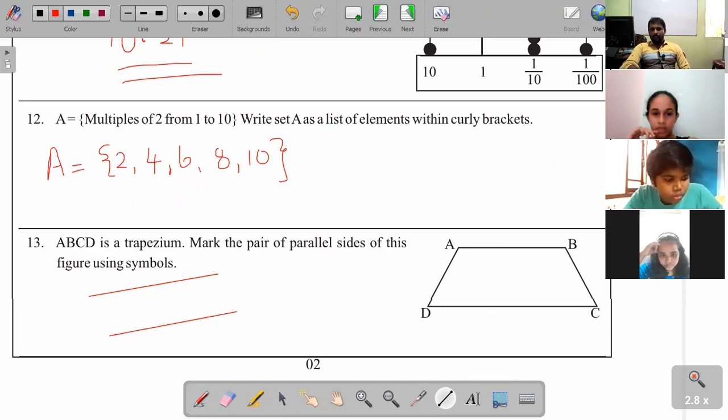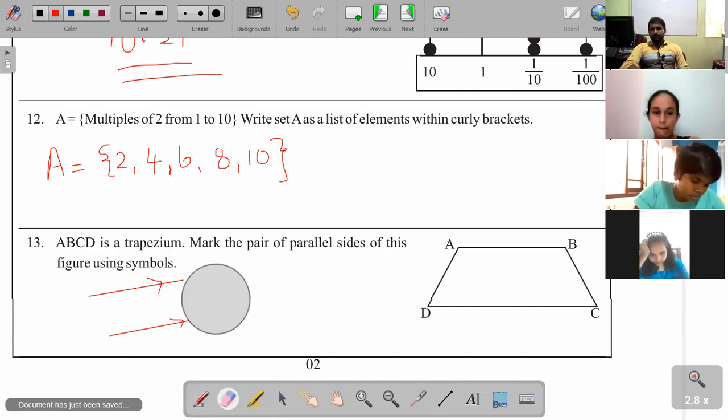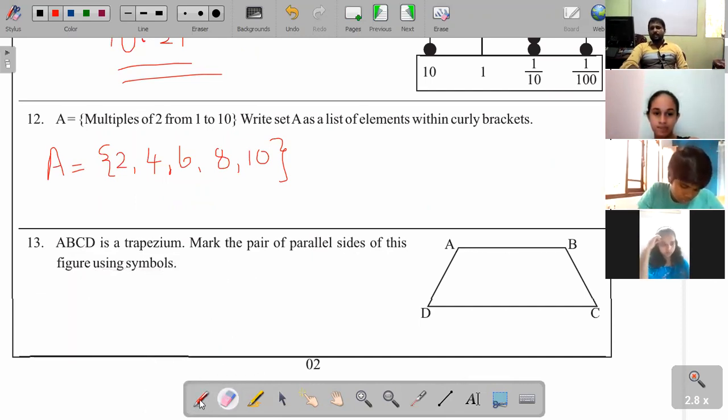If these two lines are parallel, you have to draw arrowheads like this. Same direction, you have to draw the arrowheads. Okay, that's a representing method. So, which sides are parallel? AB and DC. Using the symbols, you have to represent it, right?